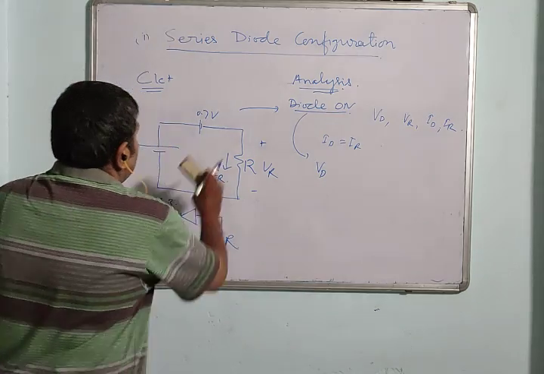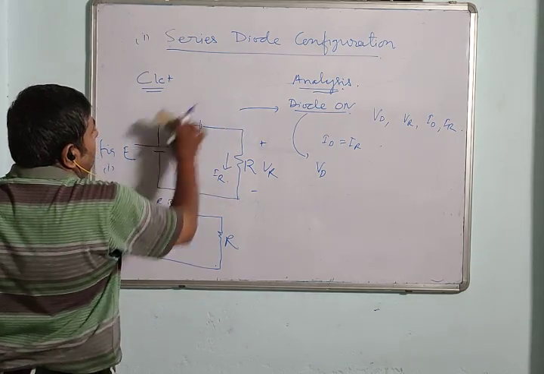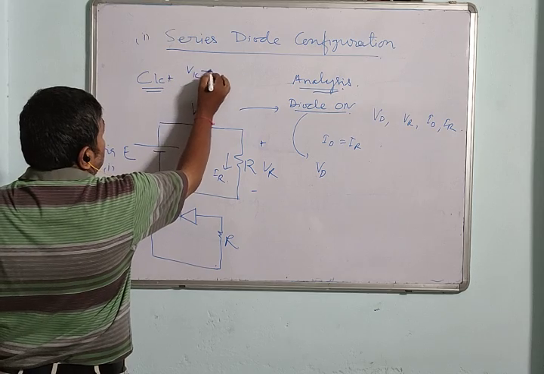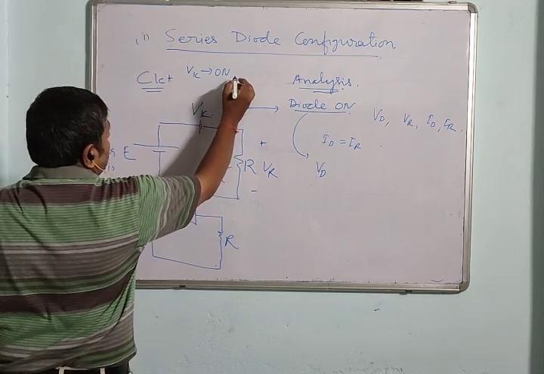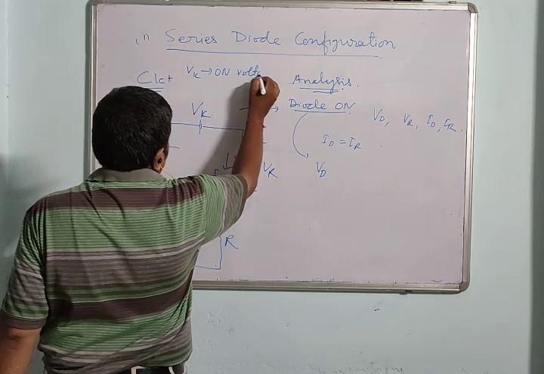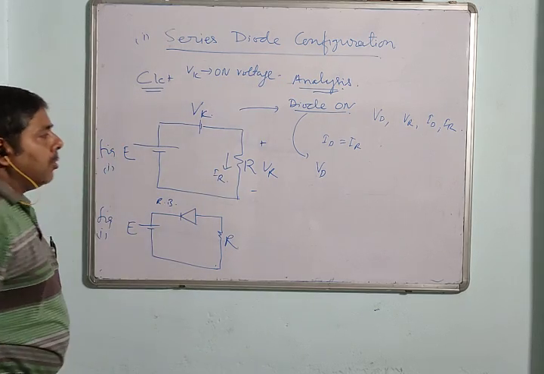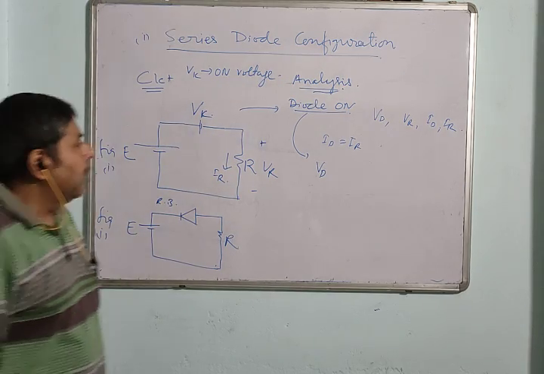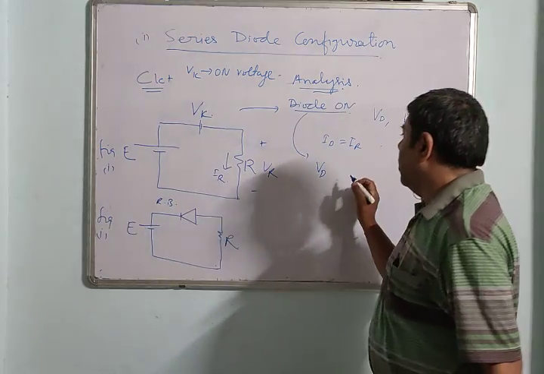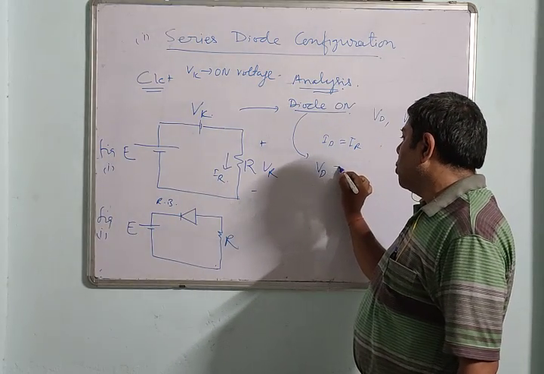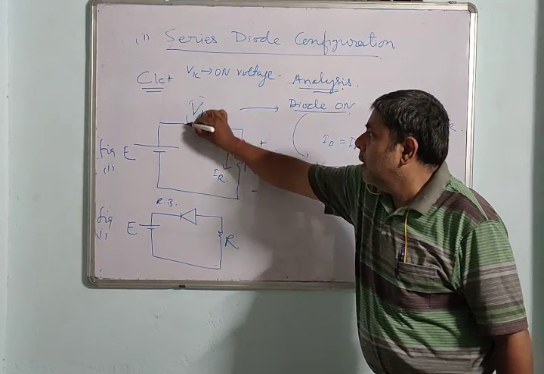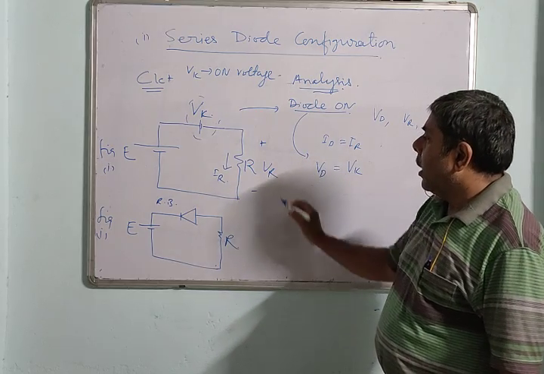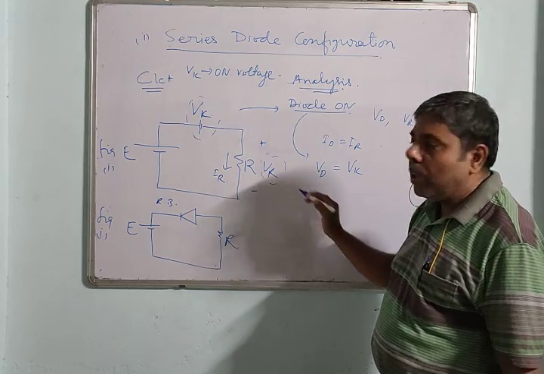In general, you can represent it by a voltage VK, which is called the on voltage. So voltage drop across this diode is fixed, that is VK. And what is this drop? VR.